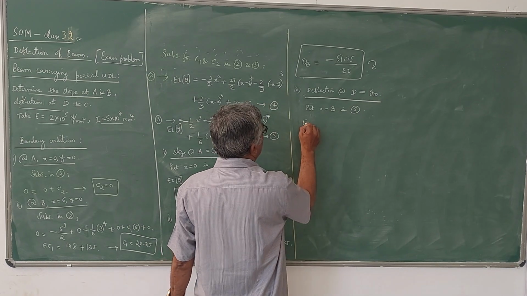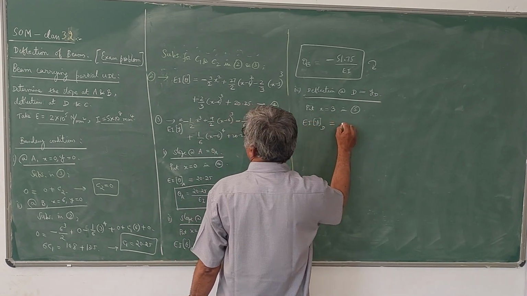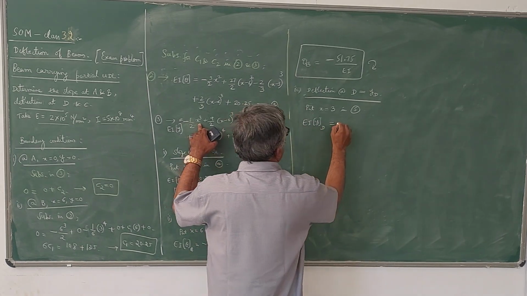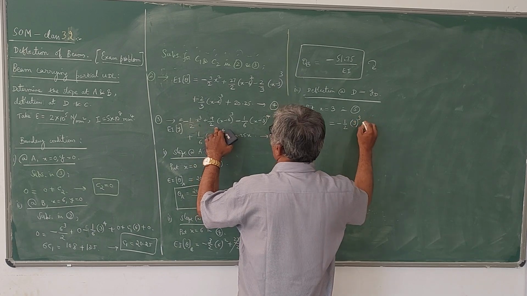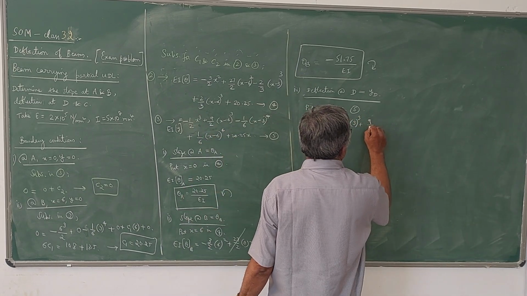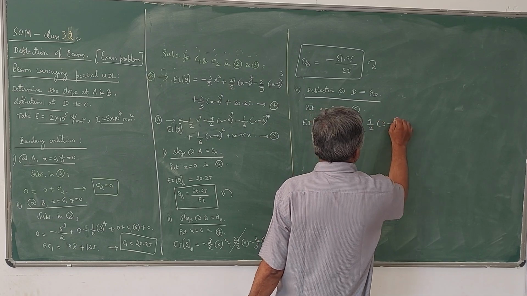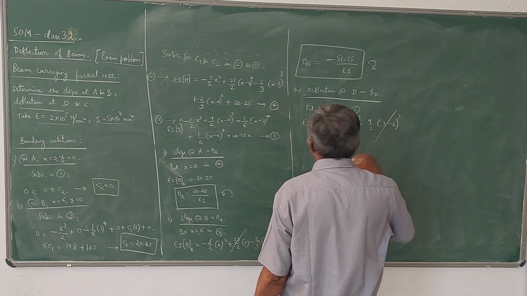So EI into YD, the deflection at D, is equal to: put x equal to 3 here, minus half into 3 cube, plus 9 by 2 into 3 minus 6 whole cube. This becomes negative, therefore you have to omit this term.